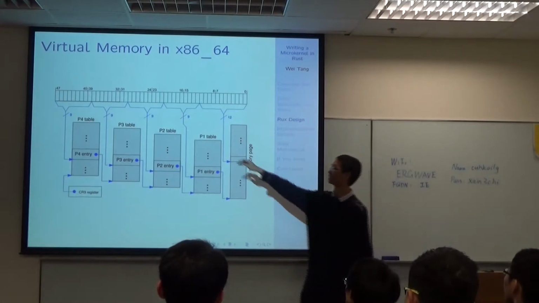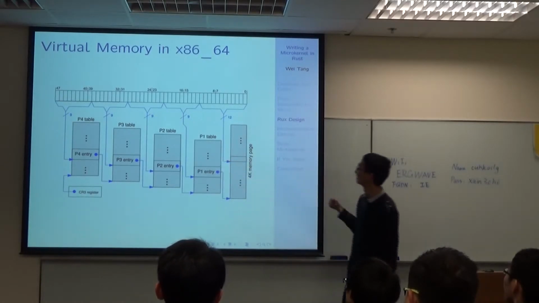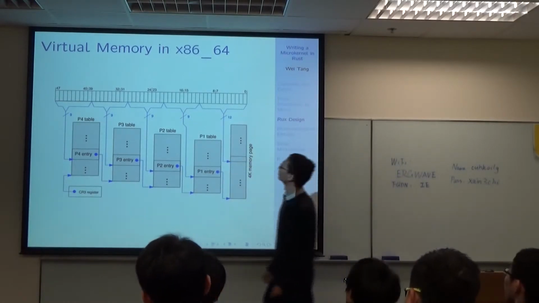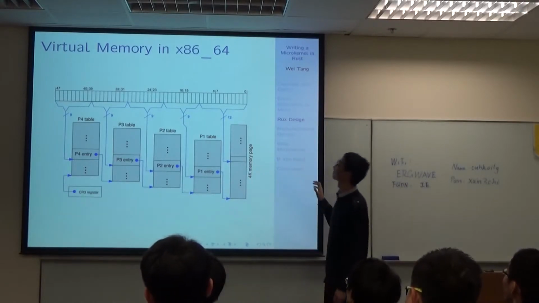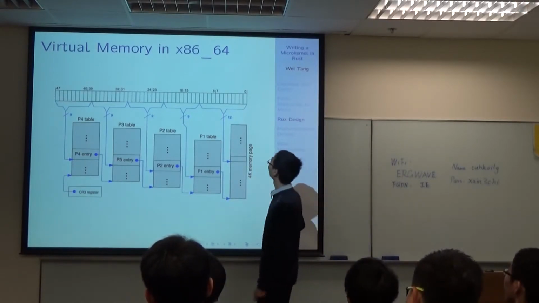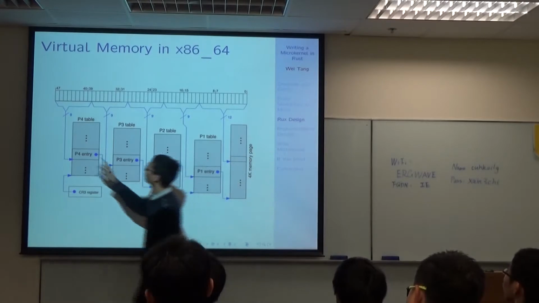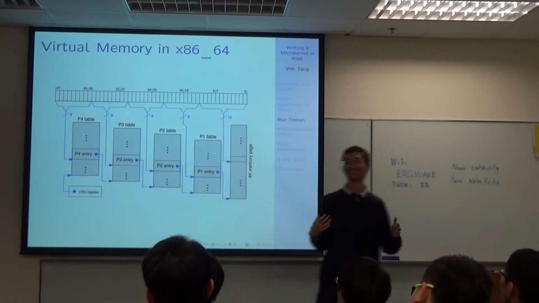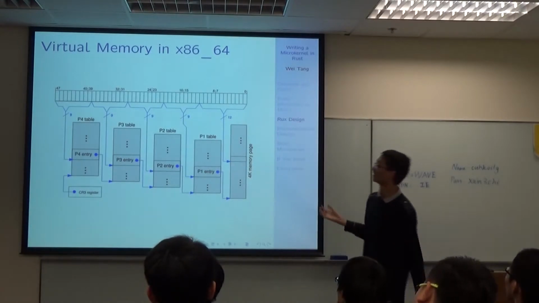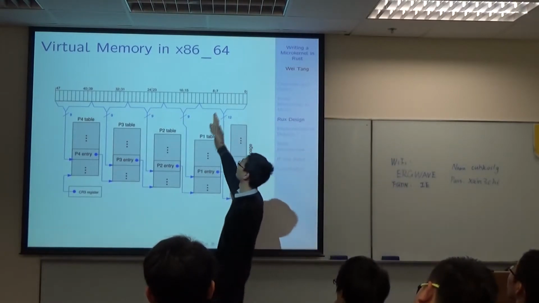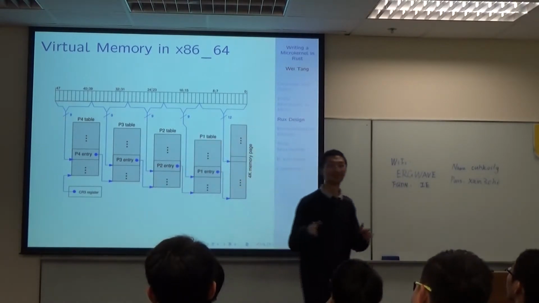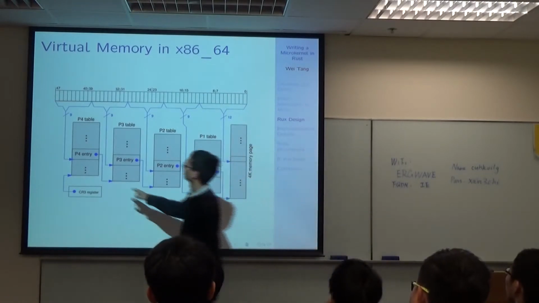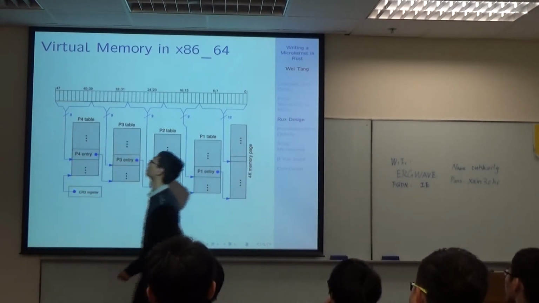But anyway, I will call them P4, P3, P2, and P1. In x86-64, you actually only get 47 available address bits, and you actually get 64, but all the other bits need to be set exactly the same as bit 47.